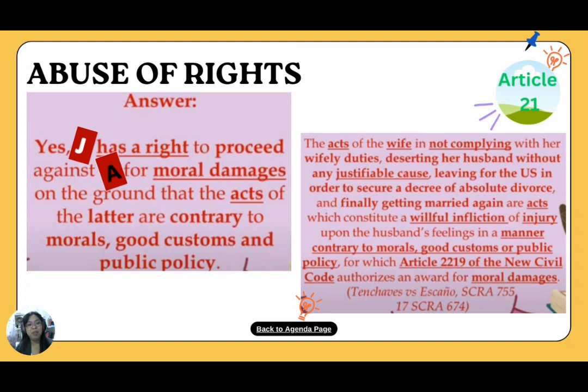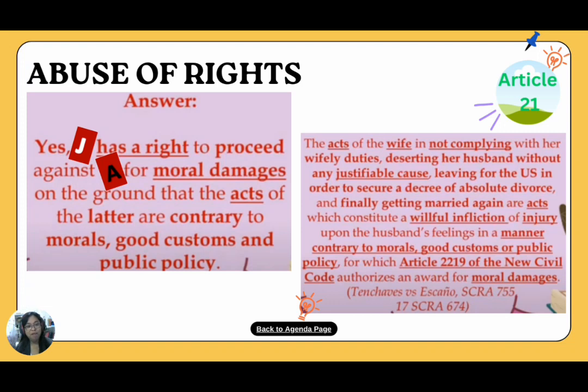Deserting her husband without any justifiable cause, tapos iwanan mo for US, and then you are going to go there to secure a degree of absolute divorce, and then finally get married. Ano yun? Di ba? The act, syempre, willful.